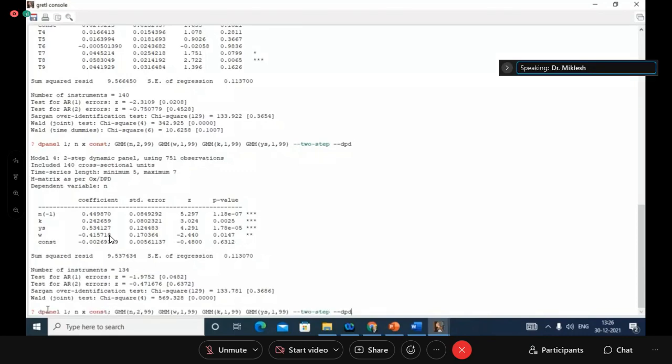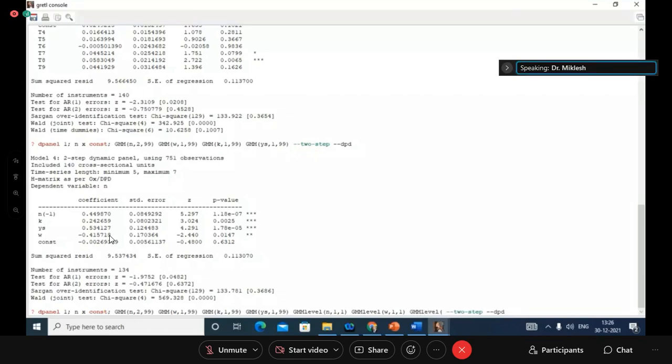Oh, I have missed this. Again, I have to write. Whoever is doing, they can do with me. gmmstyle level, n comma 1 comma 1. gmmstyle level, all the variables you have to write. Then after n, that is w comma 1 comma 1. gmmstyle level.